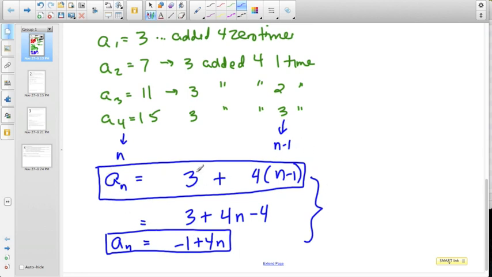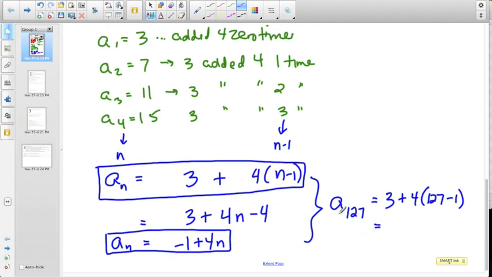This is always going back to the beginning term, and so from this point we can determine any term of the sequence. If we want the 127th term way out there, then we know that we can just start with 3 and we can add 4 127 minus 1, or 126 times.